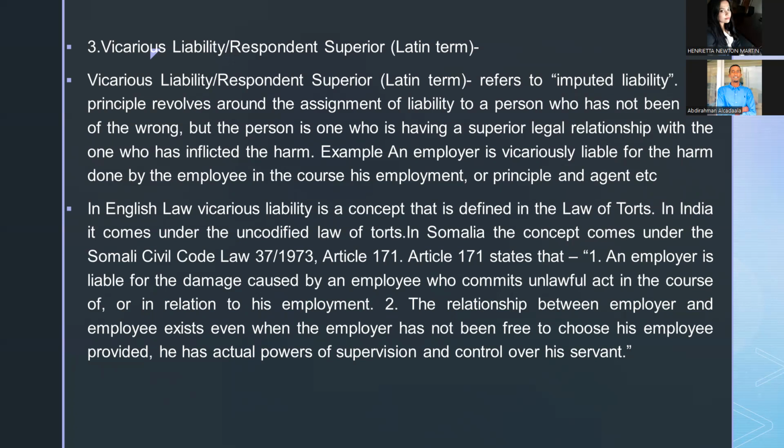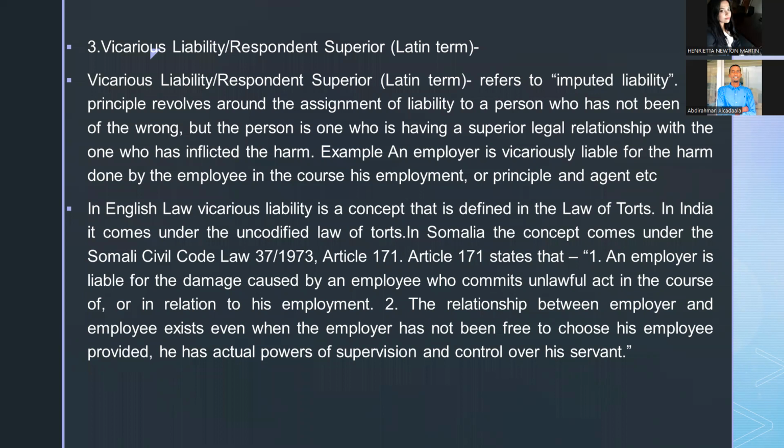So the company is vicariously liable for the harm caused to the people when he met with an accident. So an employer is vicariously liable for the harm done by the employee in the course of his employment, or this can also be in the case of principal and agent. So this is vicarious liability, which we also did.